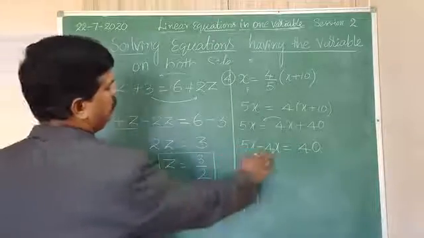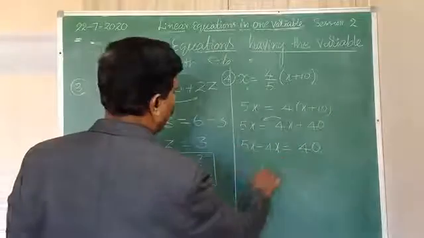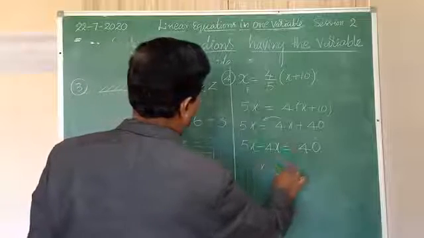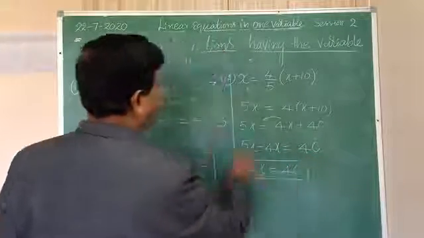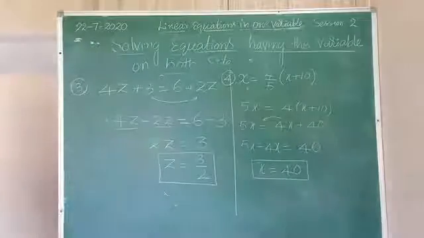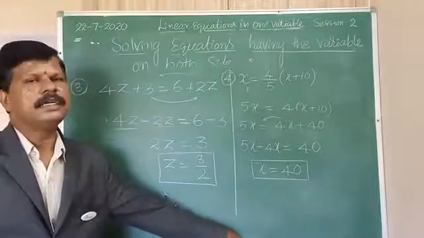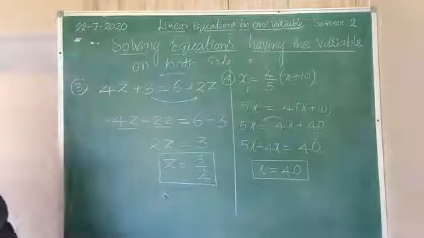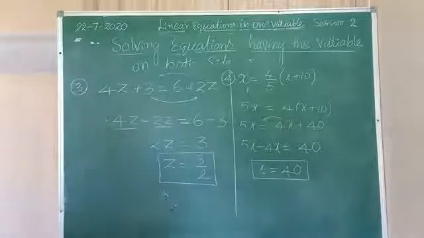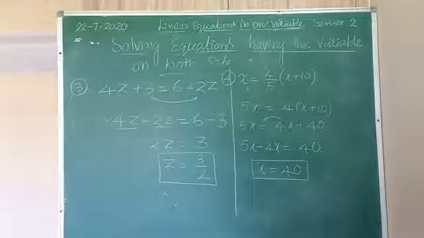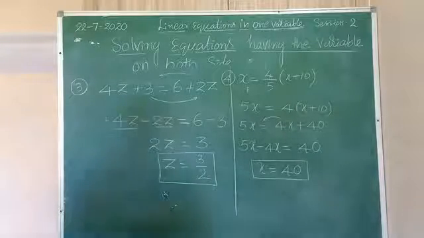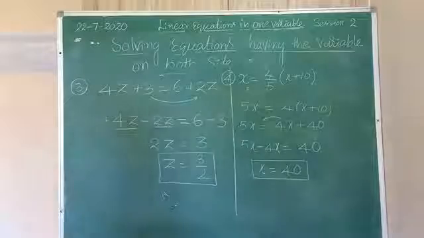Now on subtracting 4 from 5, you will get 1x is equal to 40. This is the solution for the linear equation. So this is the way how to solve the linear equation in which the variables are on both sides. Clear?